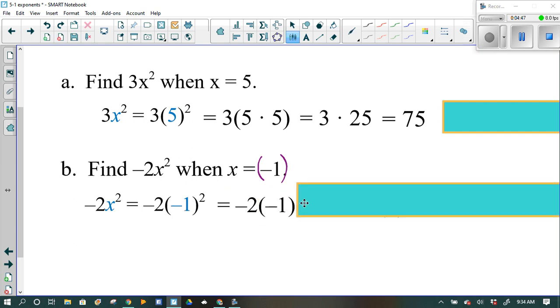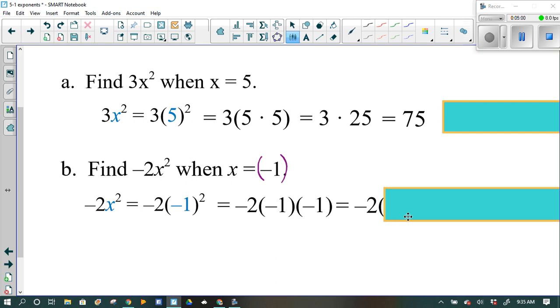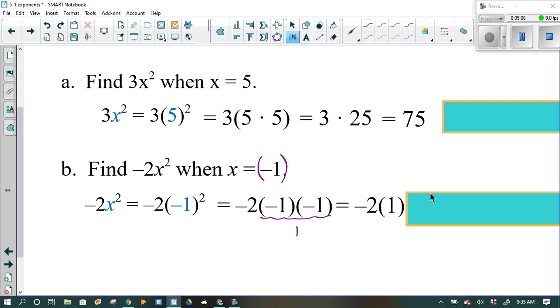So that means -2 times -1 times -1. So also remember at the beginning of the semester we talked about if you have an odd number of negatives, your answer will be negative. So now I'm going to have -2 times 1, because -1 times -1 is 1. And then -2 times 1 is -2.